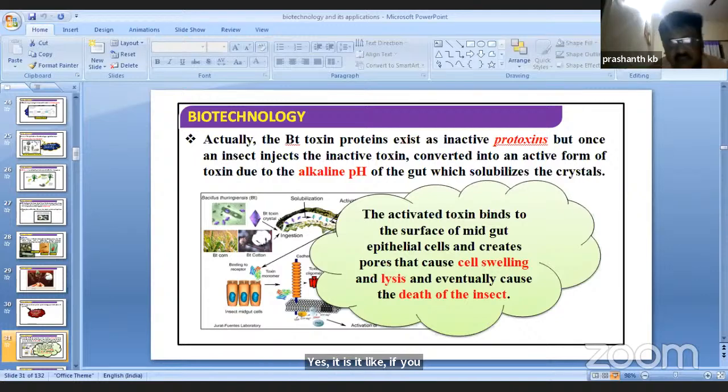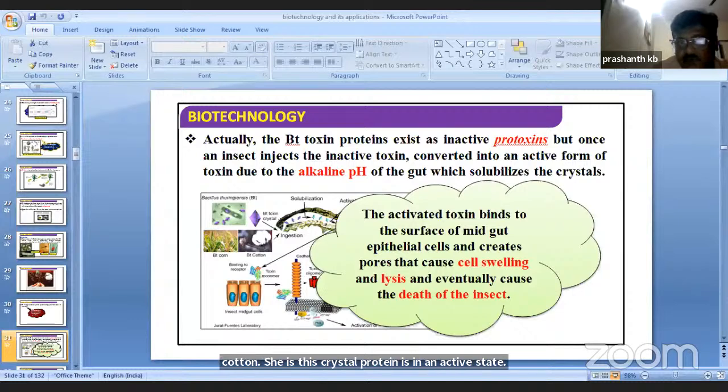Now, can you see this crystal protein, BT cotton? This crystal protein is in inactive state. When it enters the bollworm, it will become active because of the alkaline gut. Can you see these gut region cells? They produce alkaline substance, so that activates the inactive crystals.